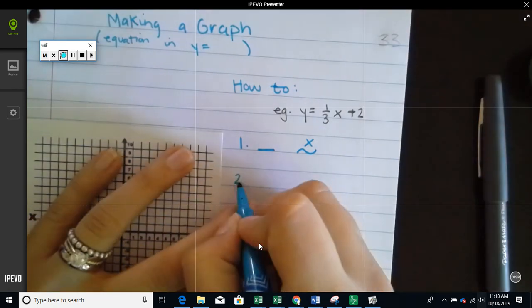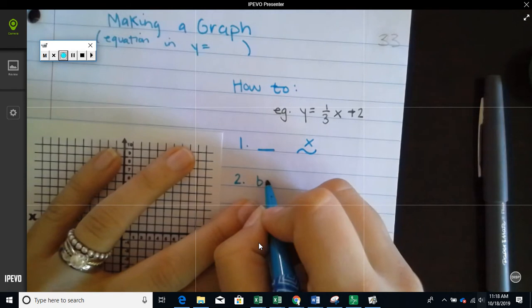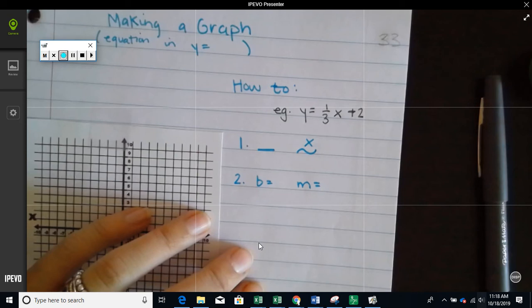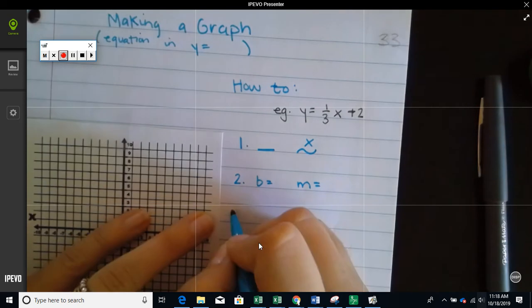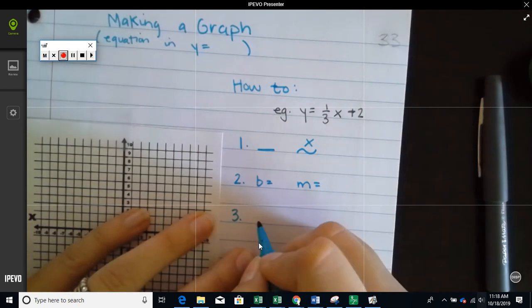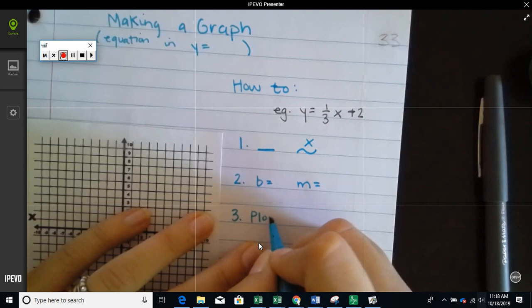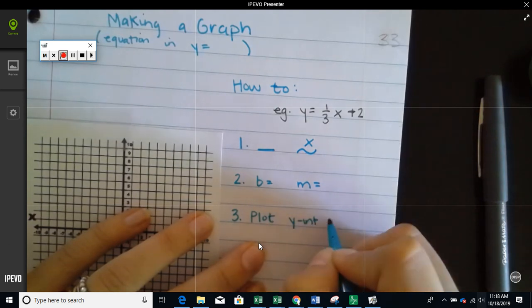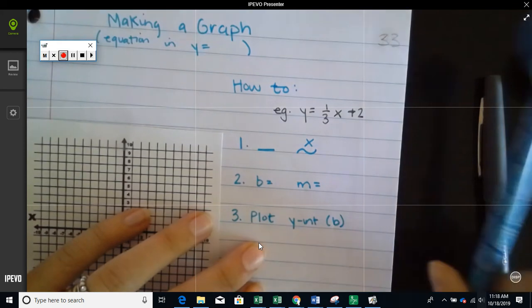Step 2, you're going to write b equals, m equals. Step 3, you're going to plot the b, the y-intercept, the banana.